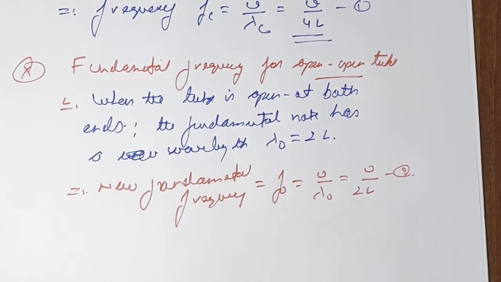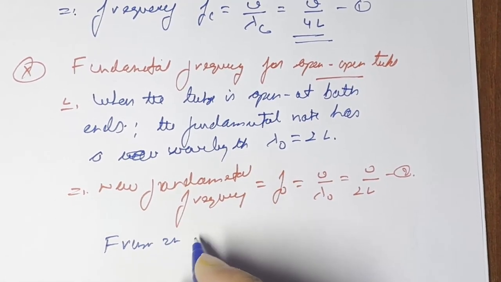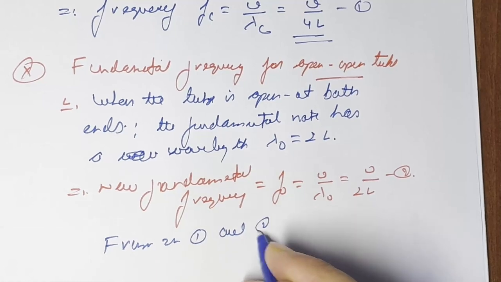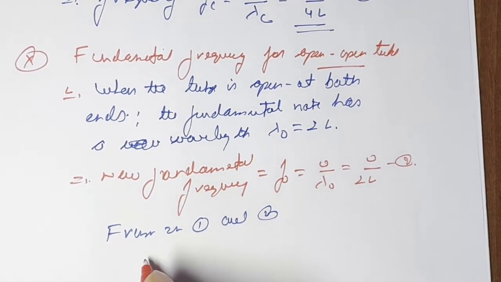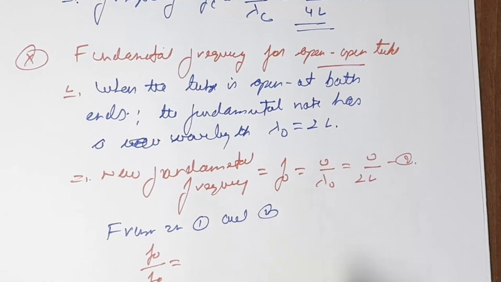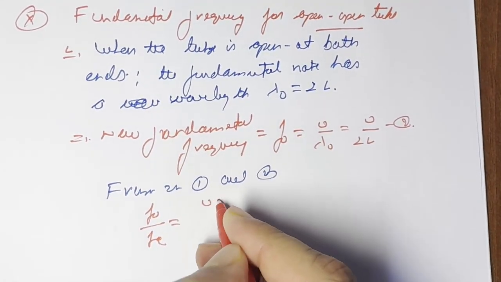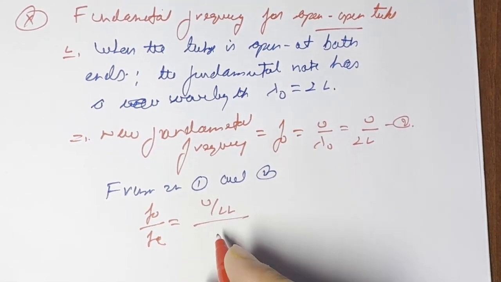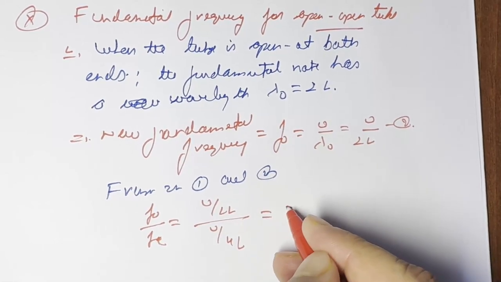So from equation 1 and 2, we can divide them: F naught upon Fc will be equal to V upon 2L divided by V upon 4L, and this comes equal to 2.